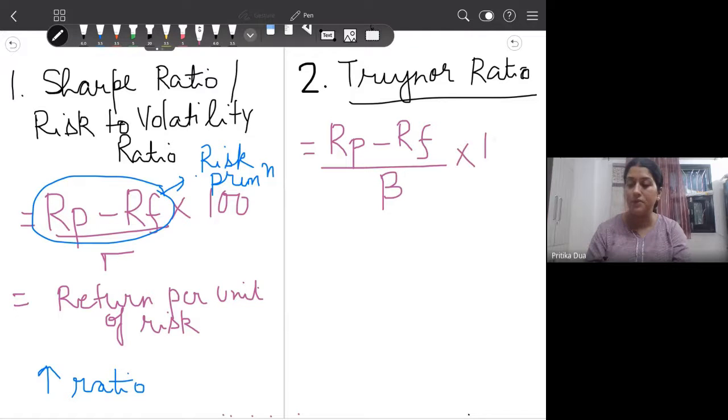So the difference in the formula is clearly visible. Instead of total risk in the denominator, now we have the systematic risk of the investment.